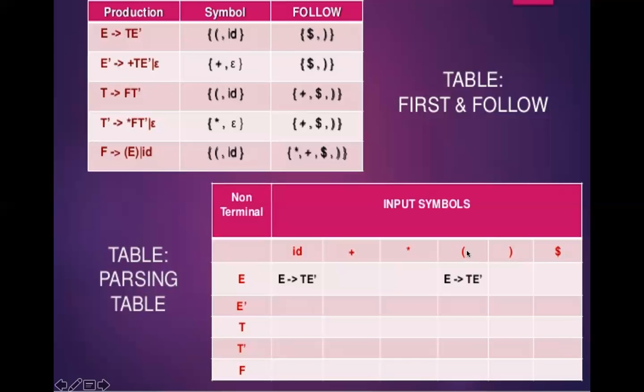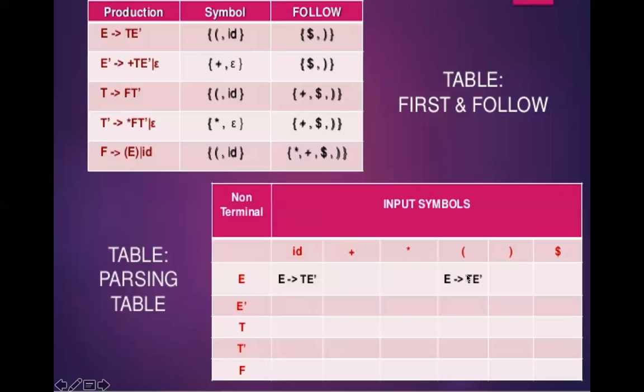Only one production rule is available, that is E tends to TE dash. So we need to write the same here, E tends to TE dash. And one more first symbol is available here, id. So under the column id, we need to write E tends to TE dash. Only one production rule is available, so we need to write the same.